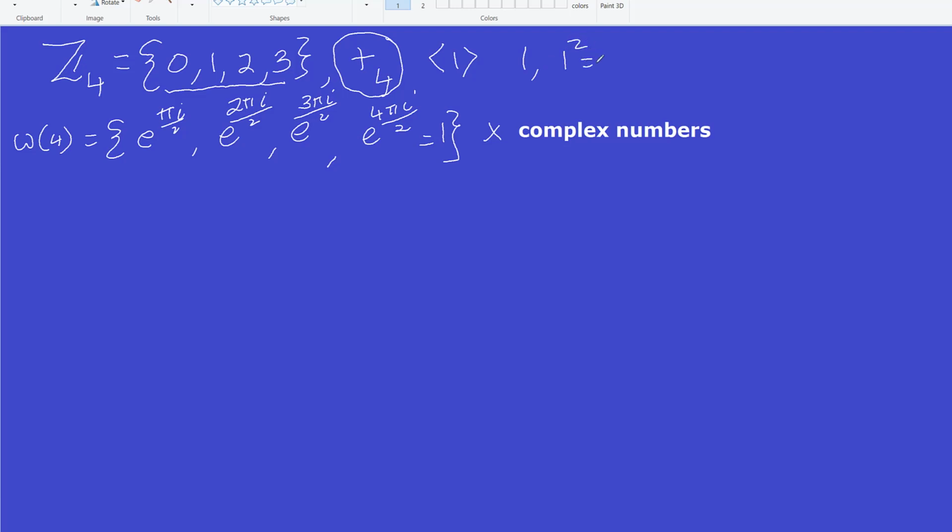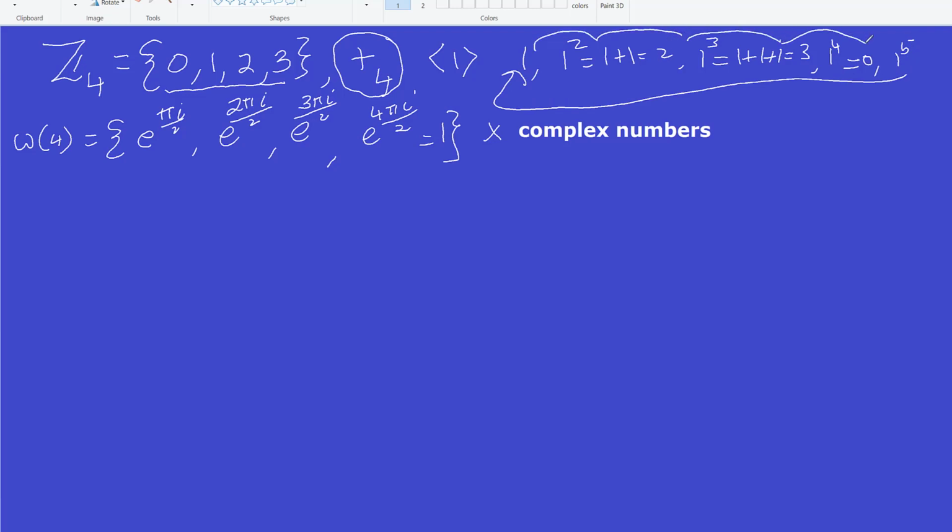Then 1 squared is 1 plus 1, that is 2. 1 cubed is 1 plus 1 plus 1, that is 3. And 1 to the 4 is going to be 0. Then 1 to the 5 will be back to 1, and the cycle starts again. This is what we called a cyclic group, right?